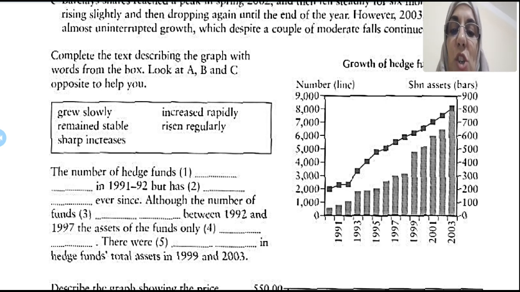the before mentioned exercises. Well, the number of hedge funds in 1991, 1992, but has ever since. Although the number of funds between 1992 and 1997, the assets of the funds only, there were in hedge funds total assets in 1999 and 2003.